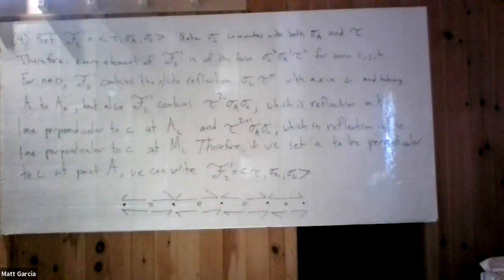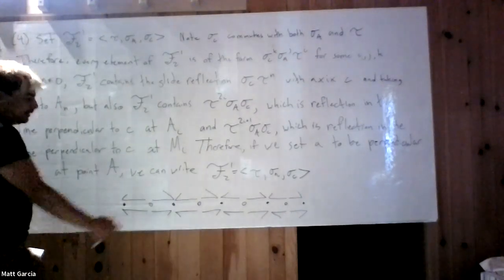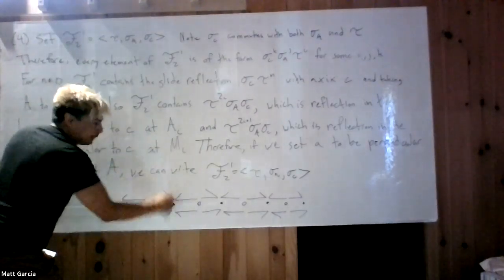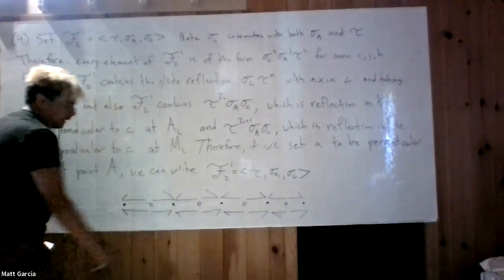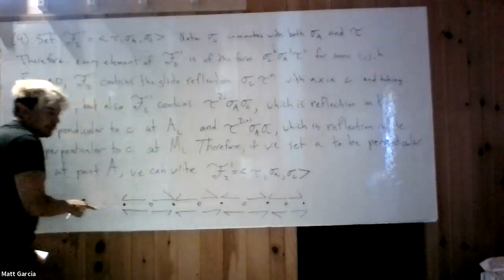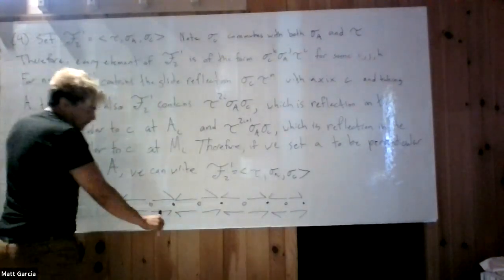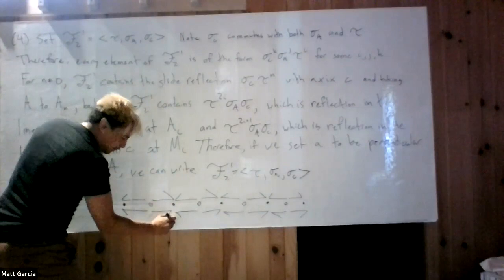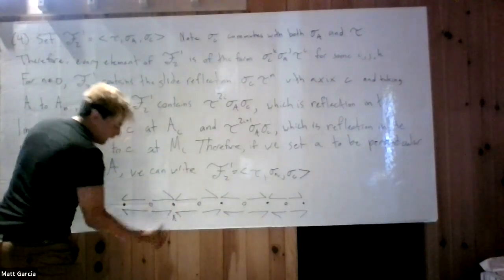There you have it. Right, so that is to say, I can reflect through any perpendicular to the line C. My through line is C here, and say here's my A, right?